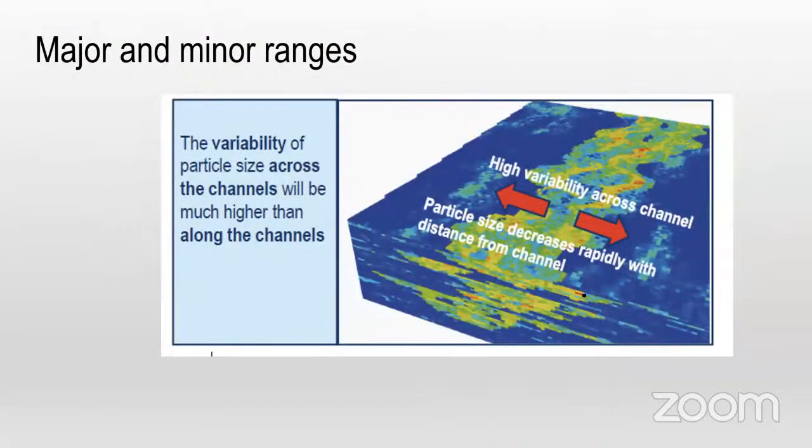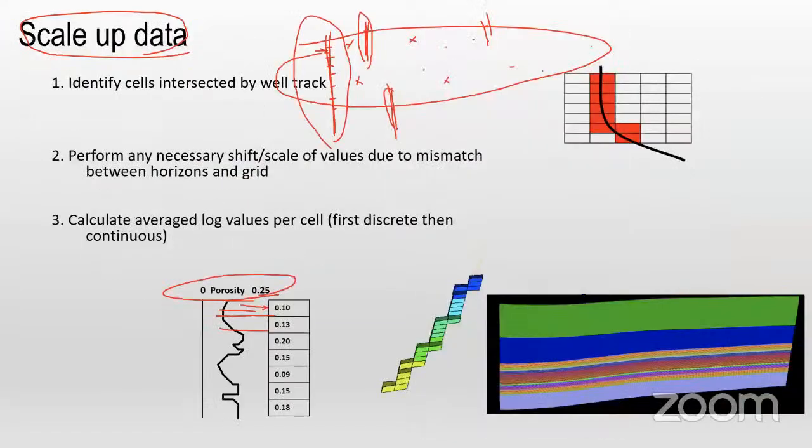Okay, so in the next step, as I showed you in this part, you have the scale-up data for some of the wells, but you must distribute the properties between them. How can you do that? You must have some geostatistical knowledge to do that.